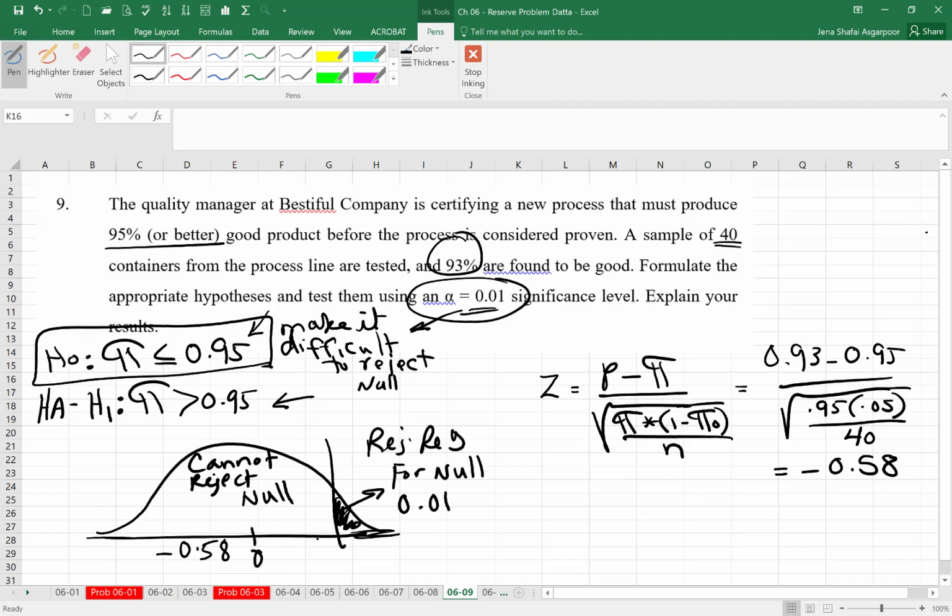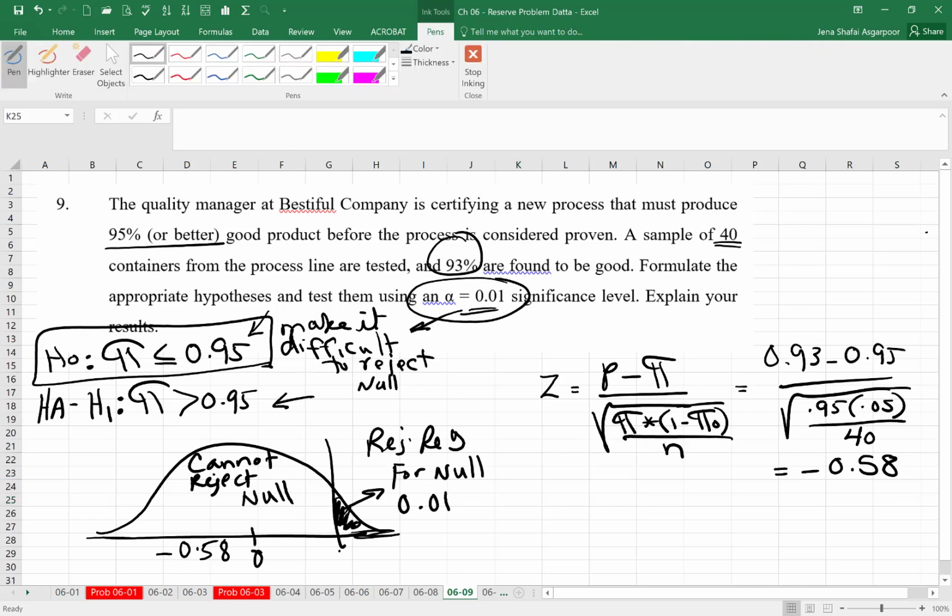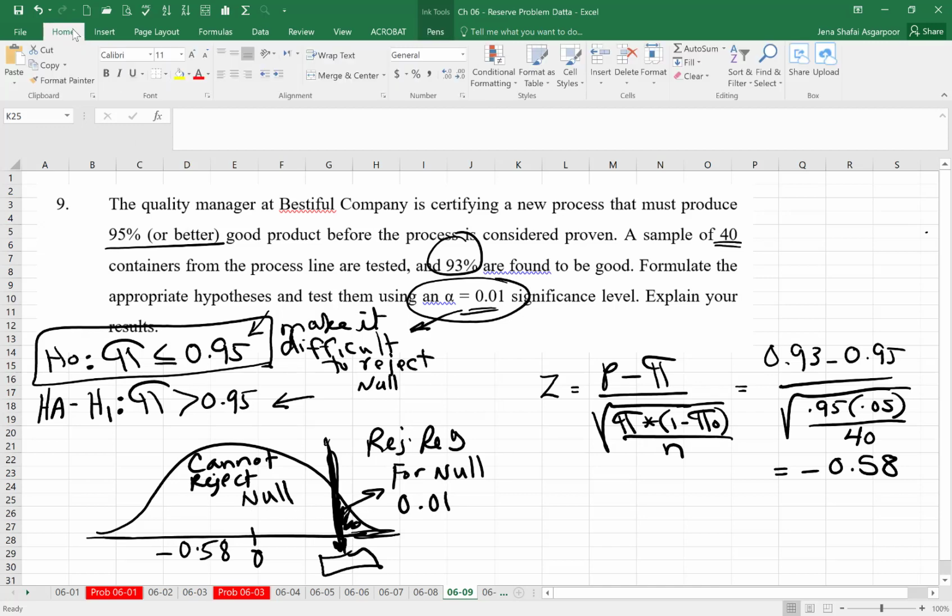Now let's go ahead and find this number right here to see what the cutoff is for the rejection region. That number I can compute using the inverse of the standard normal.